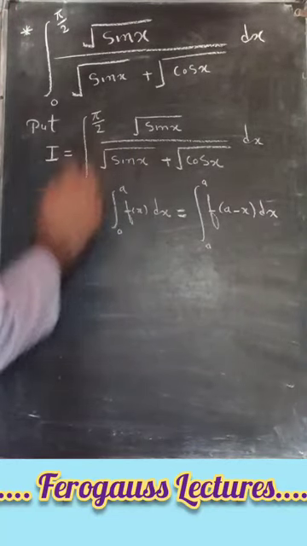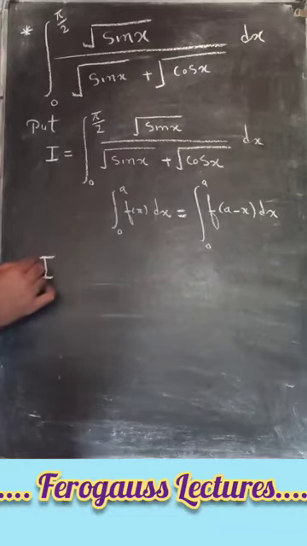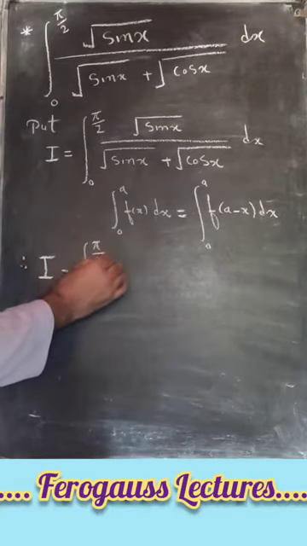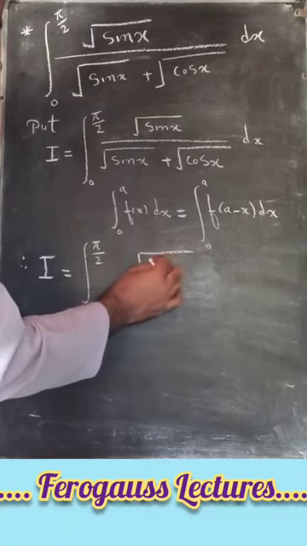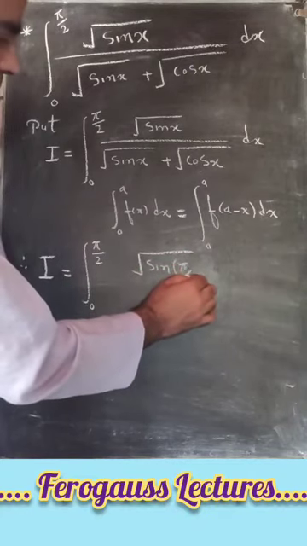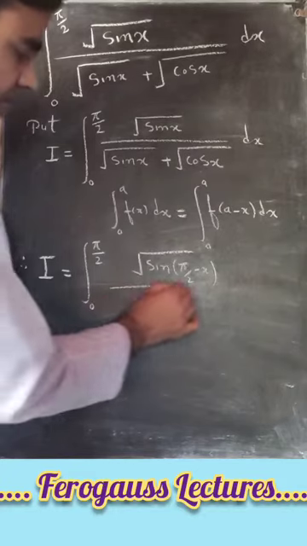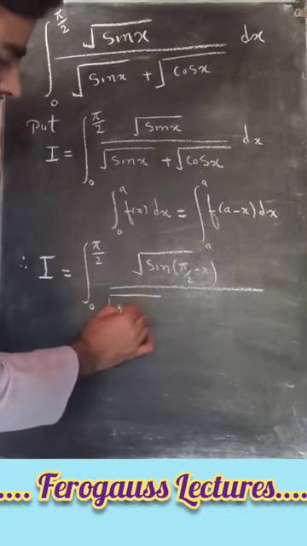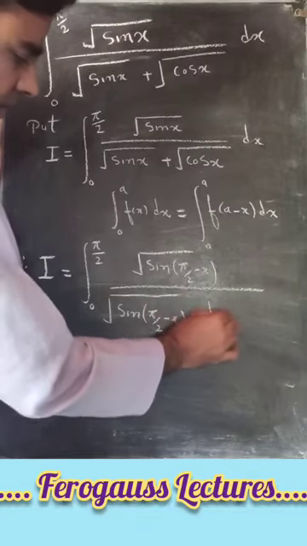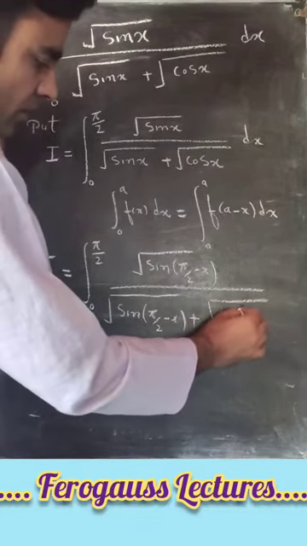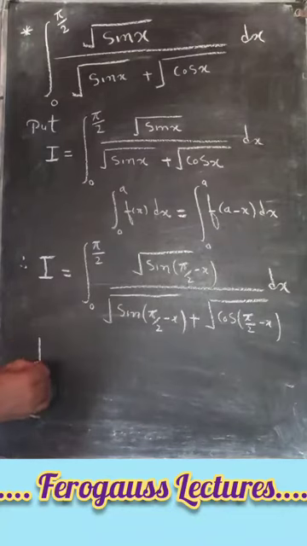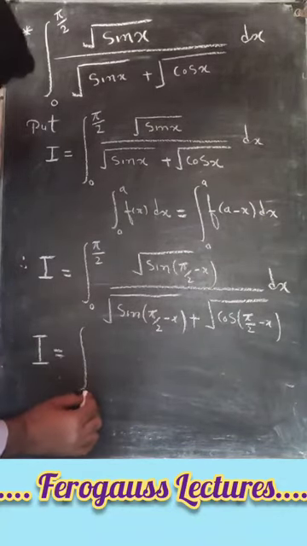Now we use this property in this integral and we get I is equal to integral 0 to pi by 2 square root of sine of, now instead of a we have pi by 2 here, so we write pi by 2 minus x, divided by square root of sine of pi by 2 minus x plus square root of cos of pi by 2 minus x dx, or I is equal to integral 0 to pi by 2.